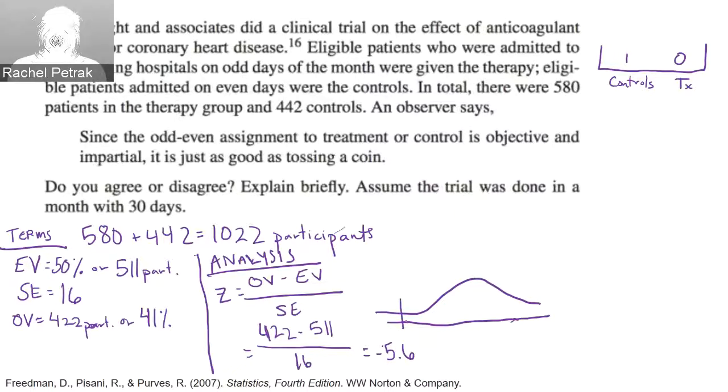We're way out here, and we know that this is extremely small, so we could say it's approximately 0% for right now. So the chance of getting 442 participants or fewer in the control group is practically 0.